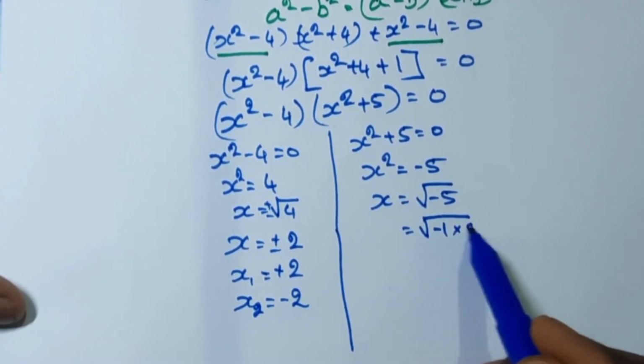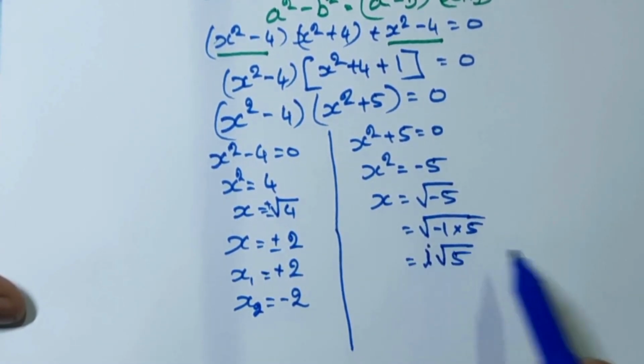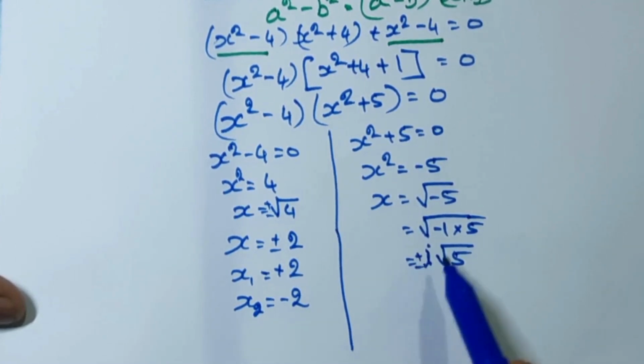Minus 1 into 5. So i square root of 5 we can write this, also plus or minus.